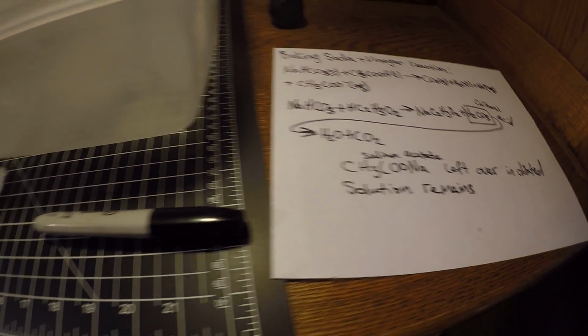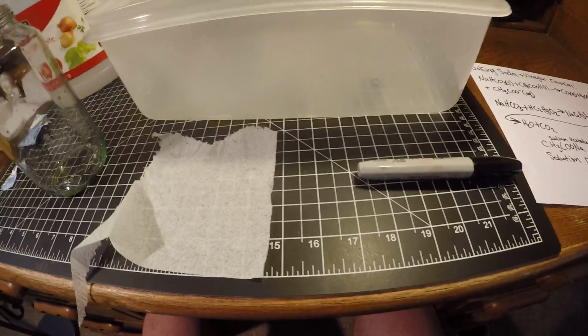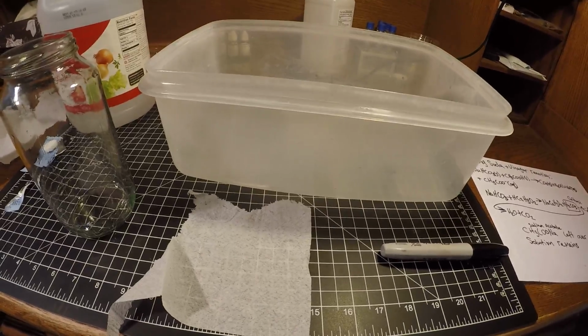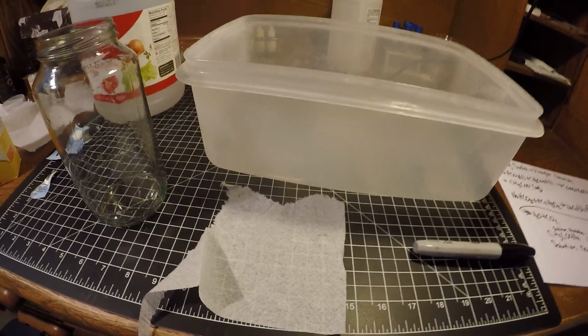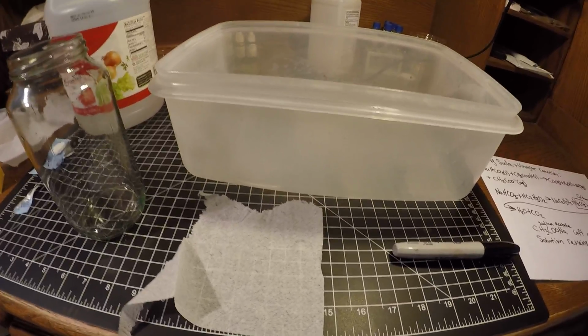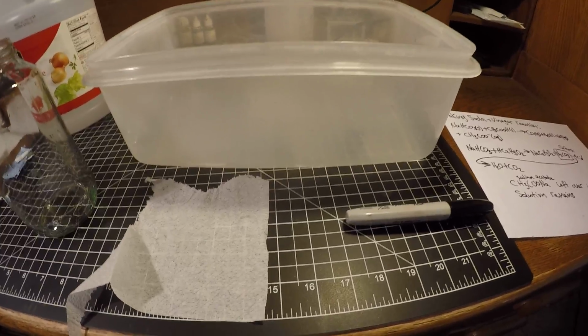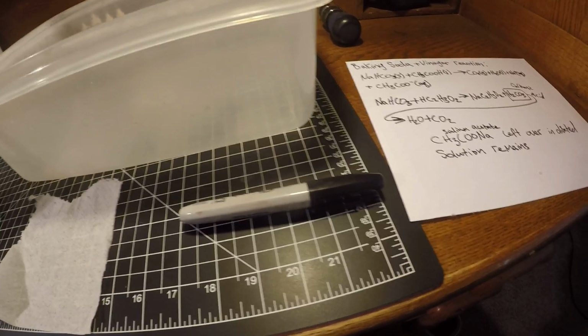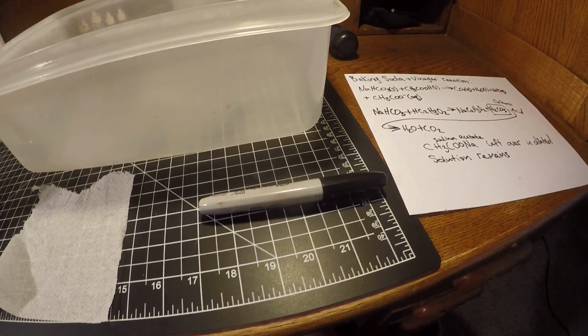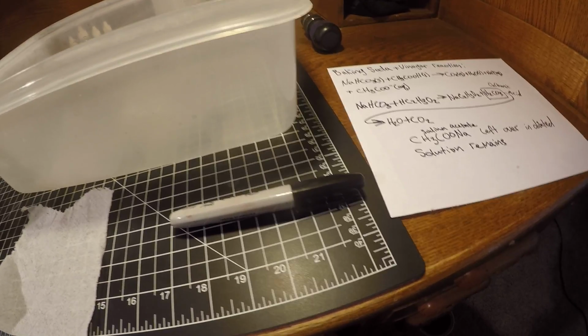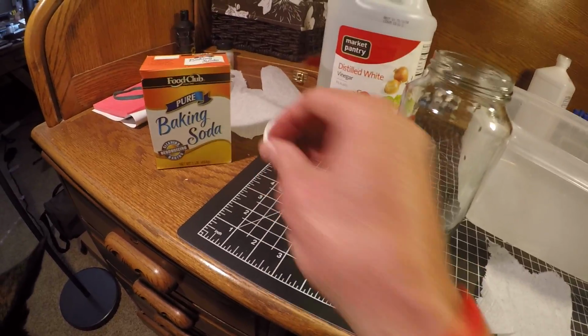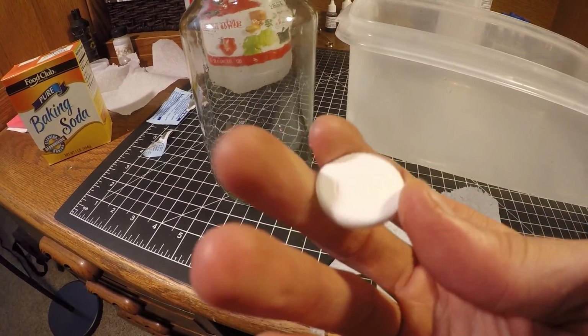This reaction is going to be extremely similar to that of last week's involving the Alka-Seltzer. The difference with the Alka-Seltzer is that it wasn't an immediate reaction, in that we were combining the acetate to the sodium bicarb, and both of those were originally in a solid state, which you can see here.